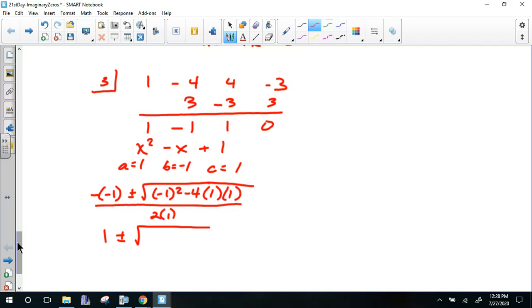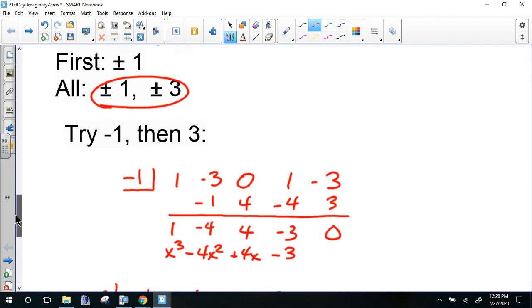It's going to be 1 minus 4, which is a negative 3, all over 2. That's 1 plus or minus i root 3 over 2.